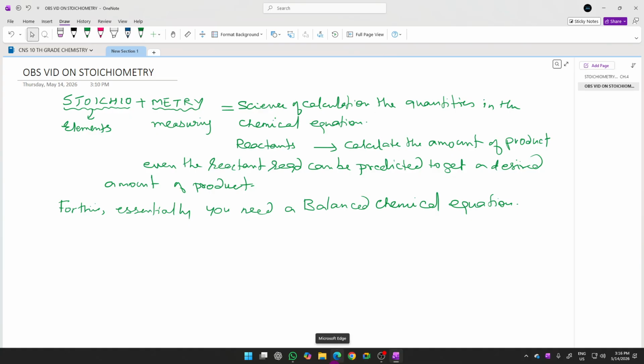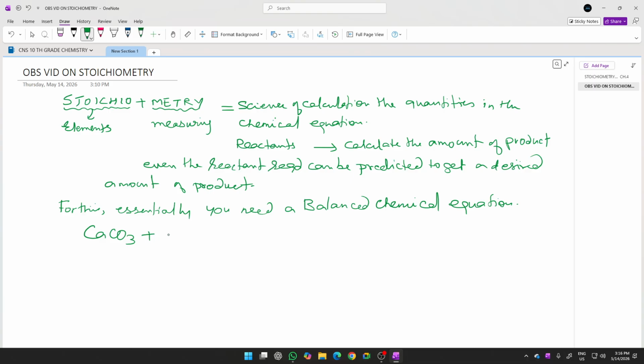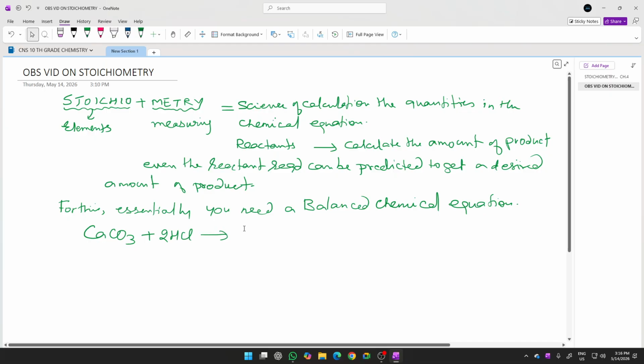Suppose you have a balanced chemical reaction shown by this equation: calcium carbonate, CaCO3, reacting with two molecules of hydrochloric acid, 2HCl, giving you calcium chloride, CaCl2, plus water, H2O, plus CO2.